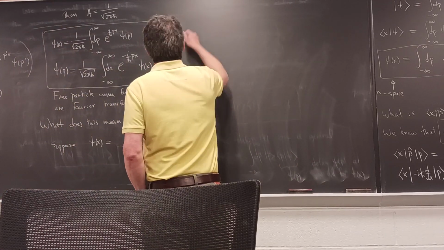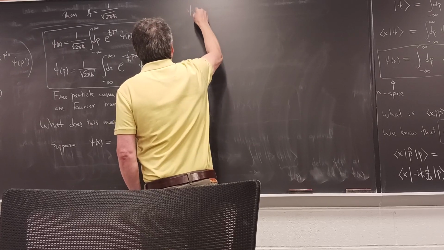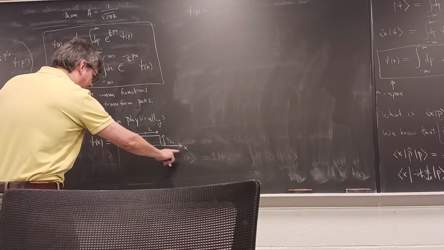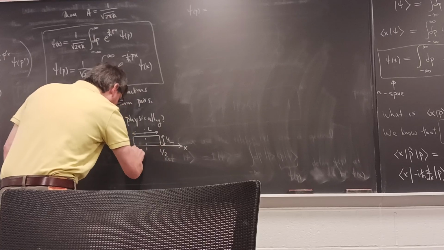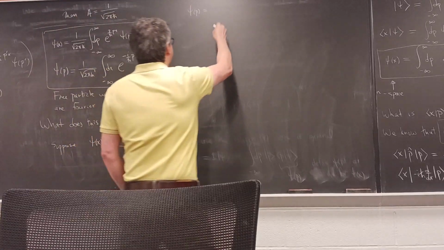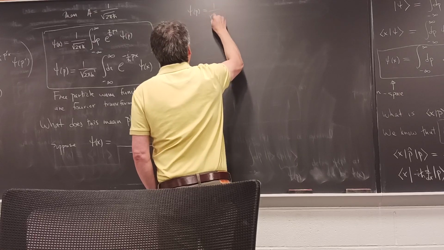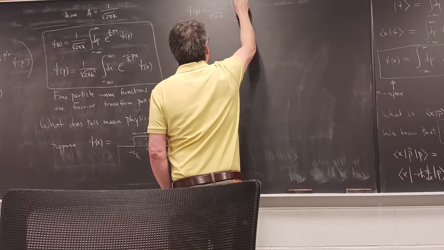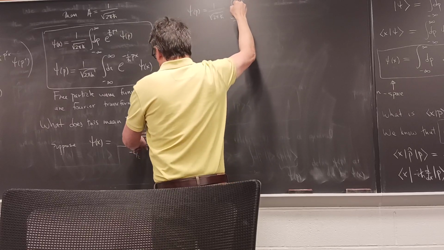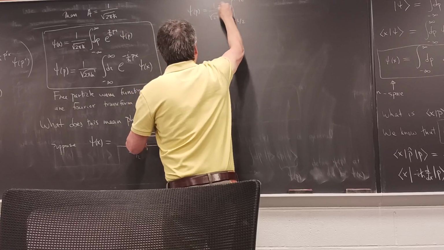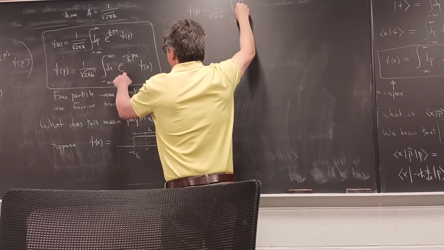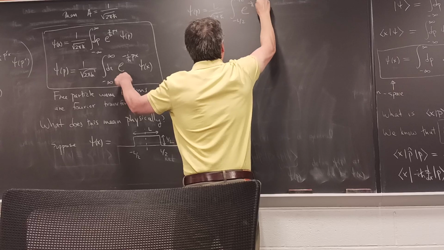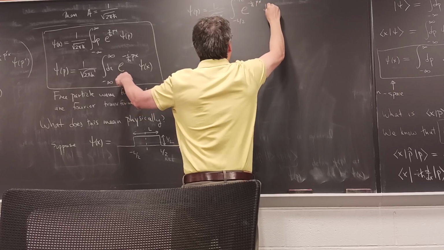So then what is psi of p? Psi of x is 0 outside of L over 2 and minus L over 2. So psi of p is 1 over the square root of 2 pi h bar, the integral from minus L over 2 to L over 2, where the function is just 1 over L on the inside, times e to the minus i over h bar px, integrating over dx.